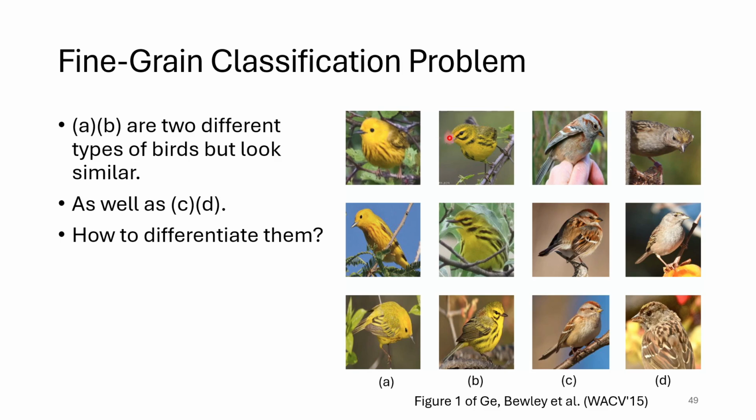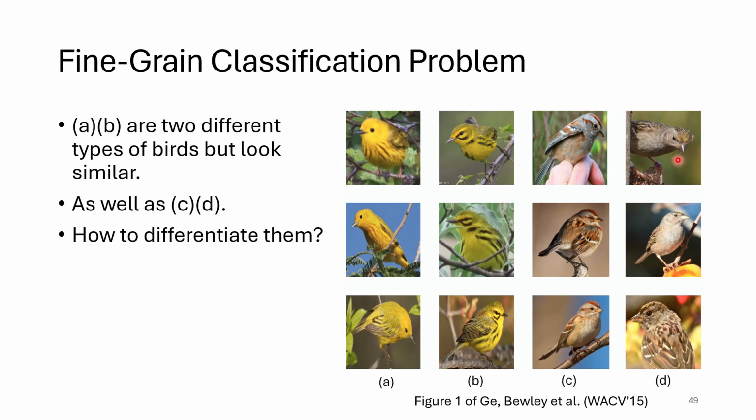So here at the head region, you can see the black stripe, but in the left one, there's no black stripe. There's a pure yellow region. And the same for the C column and the D column.